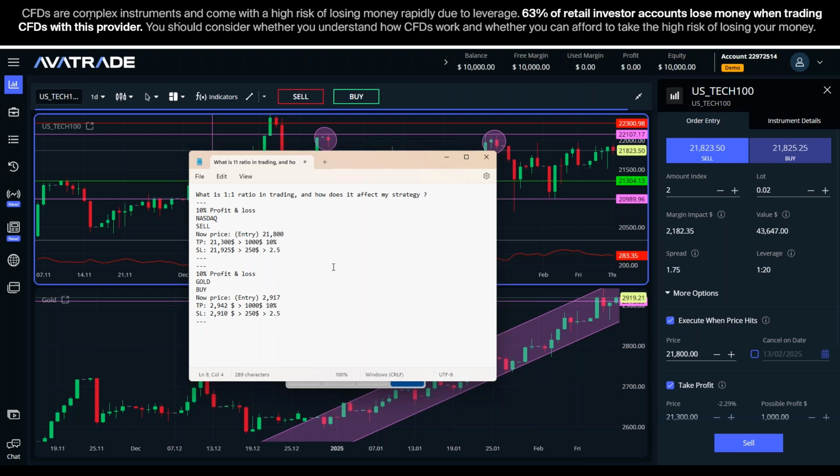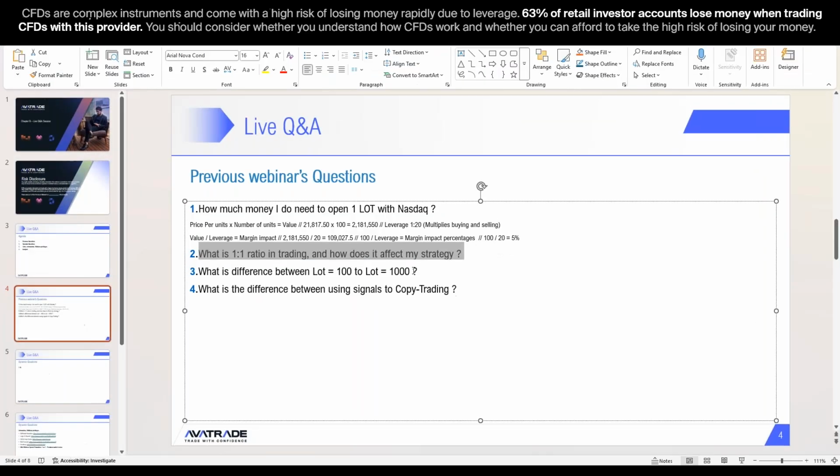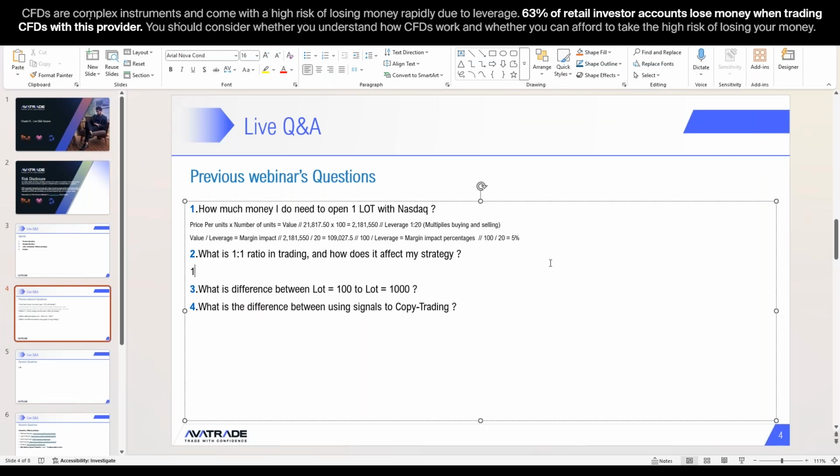Of course, everybody can work with their own numbers and their own targets and exposure. Okay, 1-to-1 ratio means that we are expected to make or lose a similar amount.